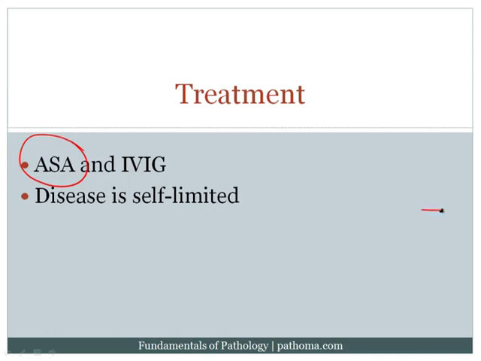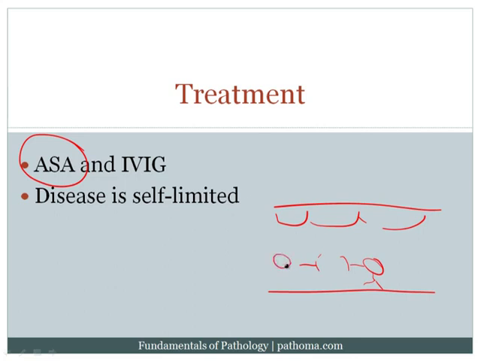Now, how does the aspirin help? Well, when you give aspirin, remember that if this is the vessel and you've damaged the endothelium and if you've exposed subendothelial collagen, then what's going to happen is that the platelets are going to adhere to this area, and eventually they're going to aggregate, right? And it's the aggregation that's going to form the framework for the coagulation cascade to come in and produce that thrombus, the final thrombus.